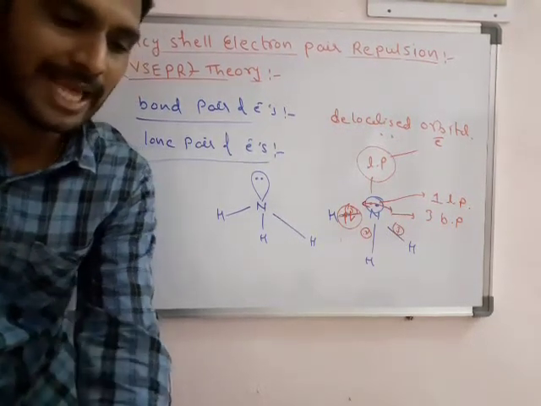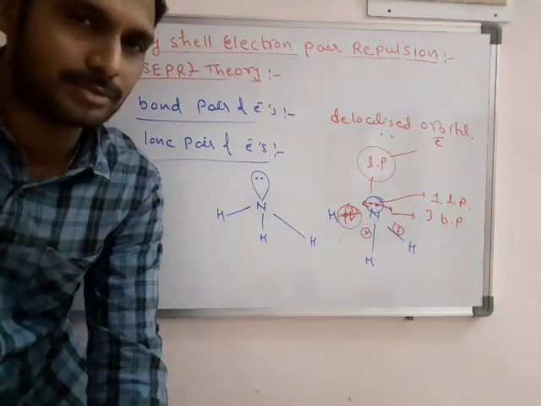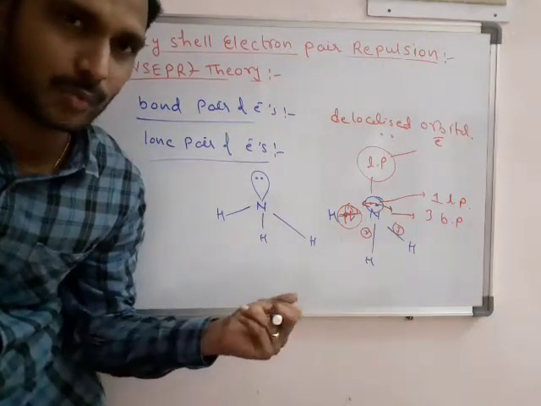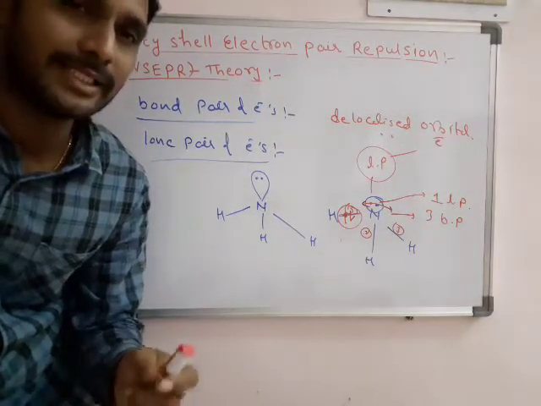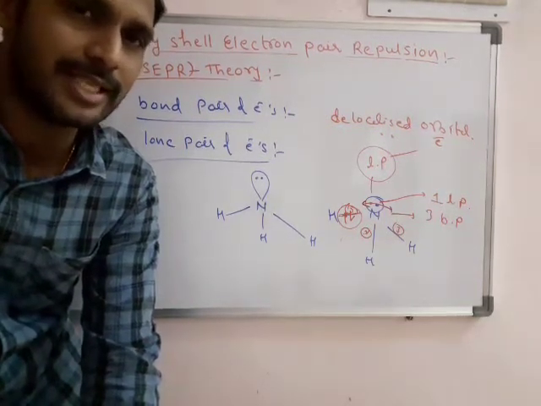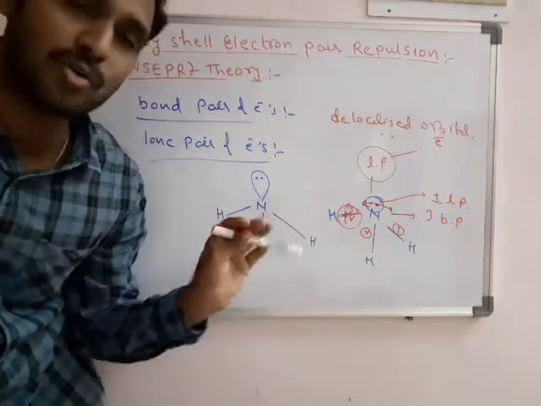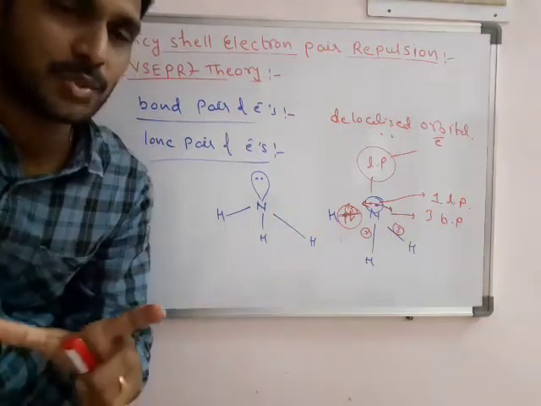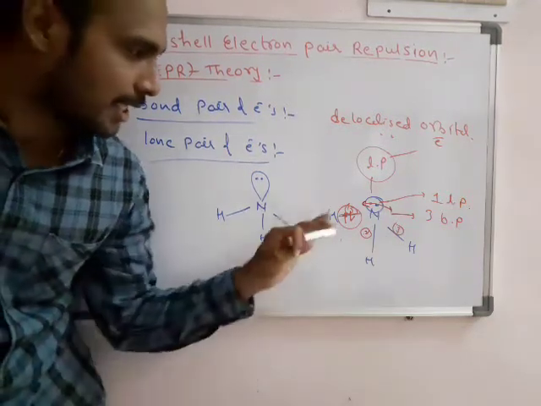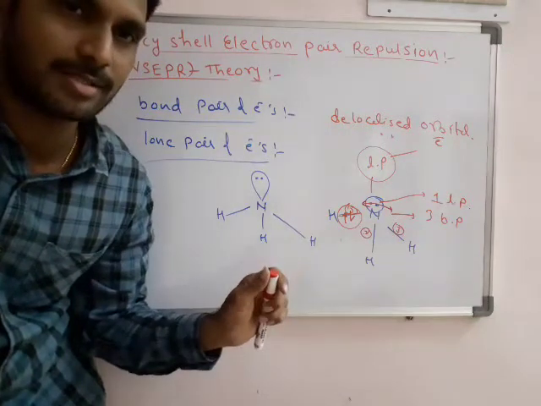It also gives points about the space occupied by lone pairs and bond pairs, which we just completed. According to this theory, there is also repulsion between these electron pairs, among lone pairs and bond pairs.